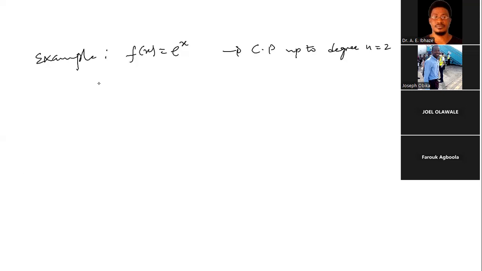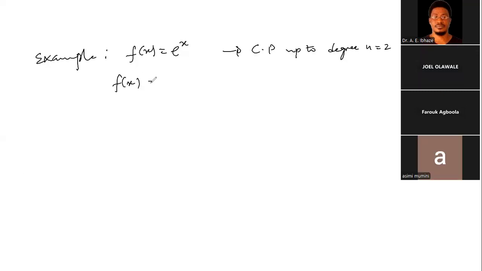We mentioned that the function is approximately the sum over k taking on values from 0 to n of c sub k T sub k of x. So for n being the same as 2, the polynomial of degree 2 will be the sum over values from 0 to 2.